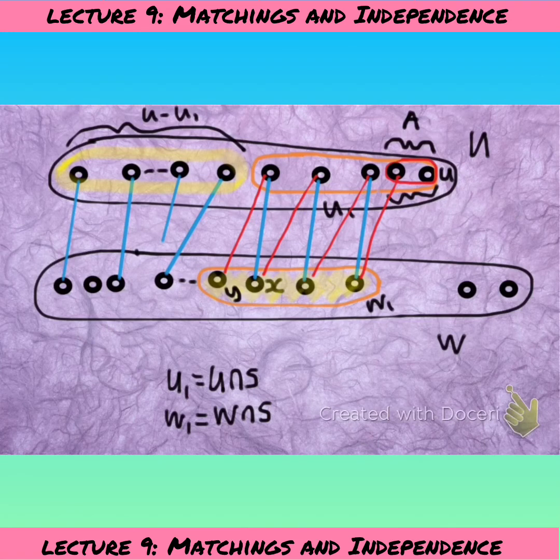It's an augmenting path. And that's going to contradict the maximality of my matching. Remember, if it's got an M augmenting path, it means we can construct a larger matching. Okay, so basically the implication of that is that every vertex in W1 is going to be matched.